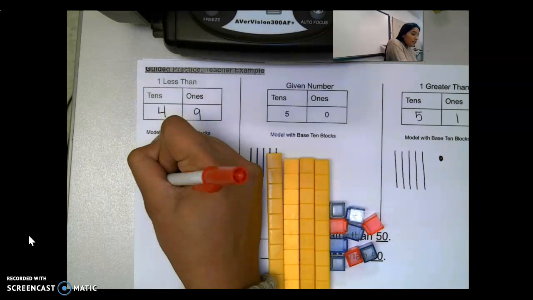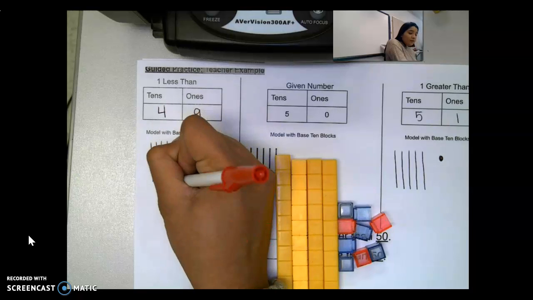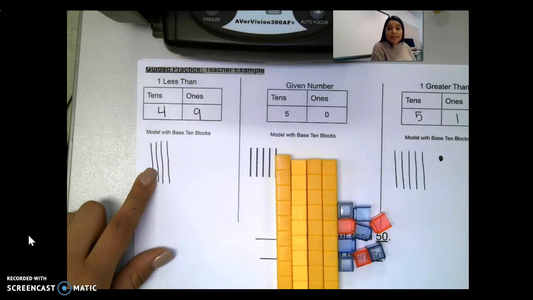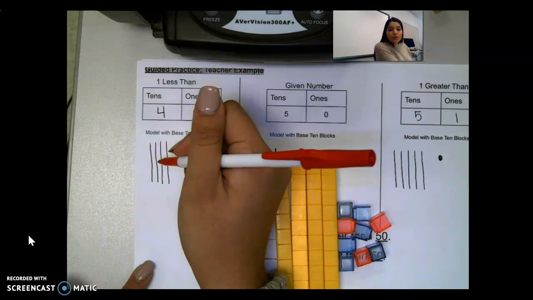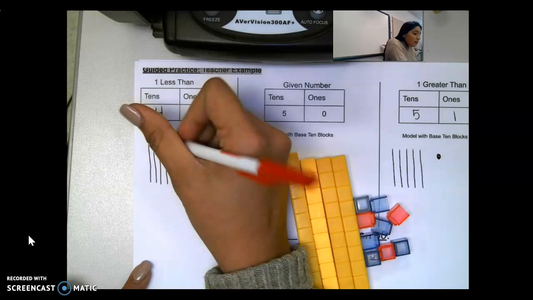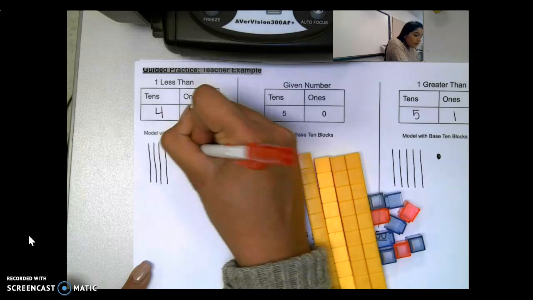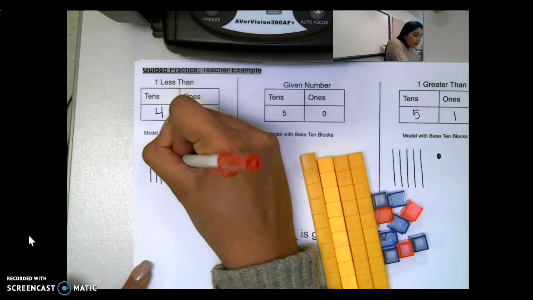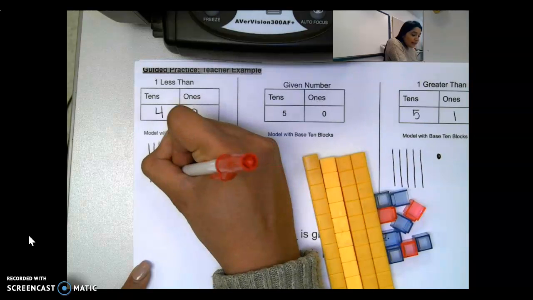So I have 4 tens. 1, 2, 3, 4. Remember, we draw our tens with lines, and our ones, we draw them as circles. So I have 9 ones. I'm going to draw 9 circles. 1, 2, 3, 4, 5, 6, 7, 8, 9.